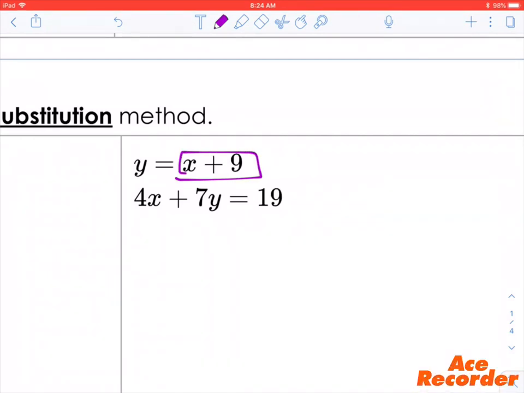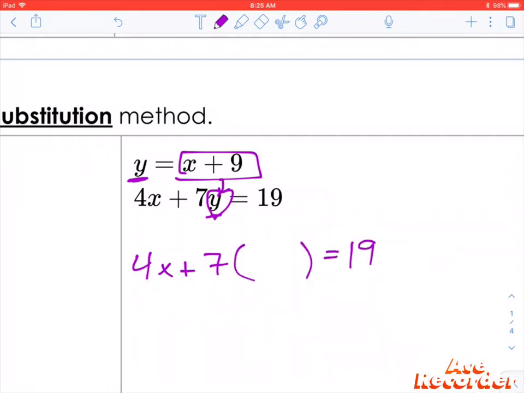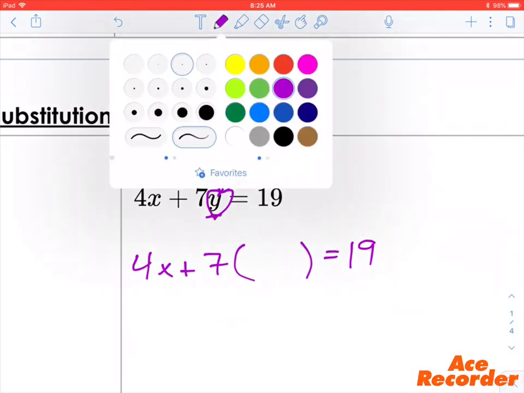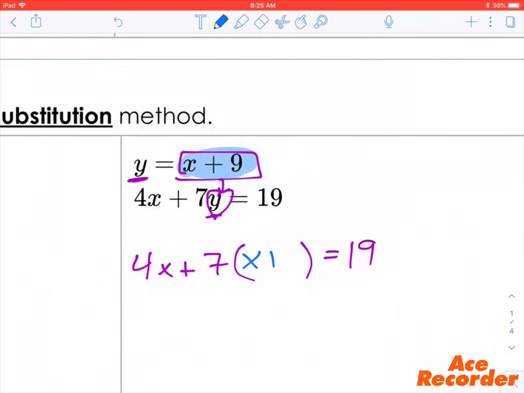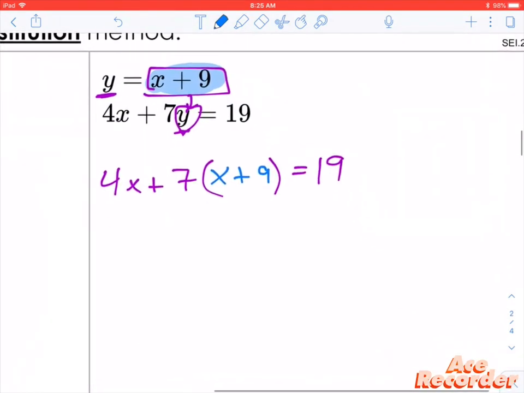Since y is going to be replaced, I'm going to replace this y right here with x plus 9. So I'm going to rewrite 4x plus 7y as 4x plus 7 parentheses equals 19. And I just plug this into that parentheses. So x plus 9. And then we go ahead and solve.